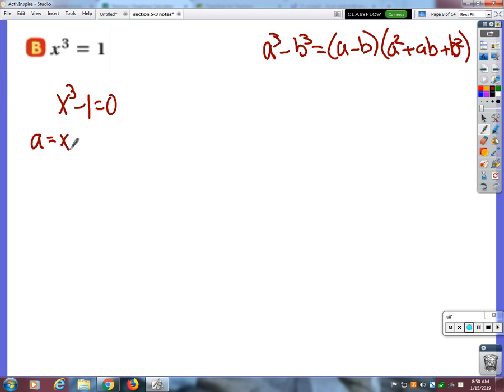A equals x, and then b equals 1. But 7 is not a perfect cube, and so if it did equal 7, we couldn't use this, okay? So I'm going to rewrite this, but instead of writing a, I'm going to write x, and instead of writing b, I'm going to write 1.